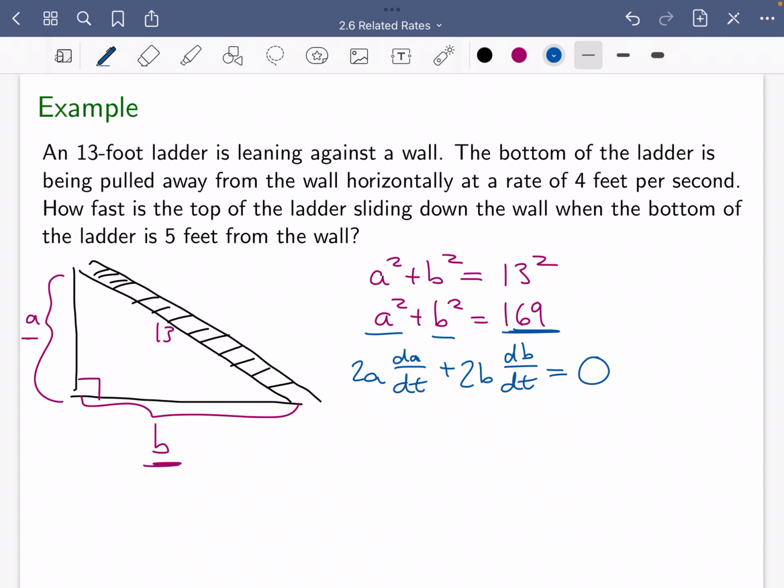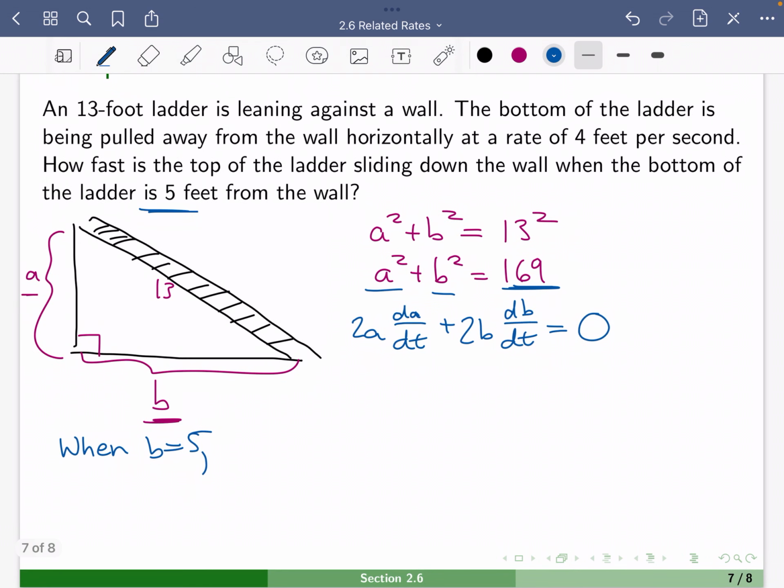Now we need to plug in what we know. So what do we know? That's a good question. We want to know how fast the ladder is sliding down the wall when the bottom of the ladder is 5 feet from the wall. So we're going to look at when B is equal to 5. Could you tell me the value of A when B is equal to 5?